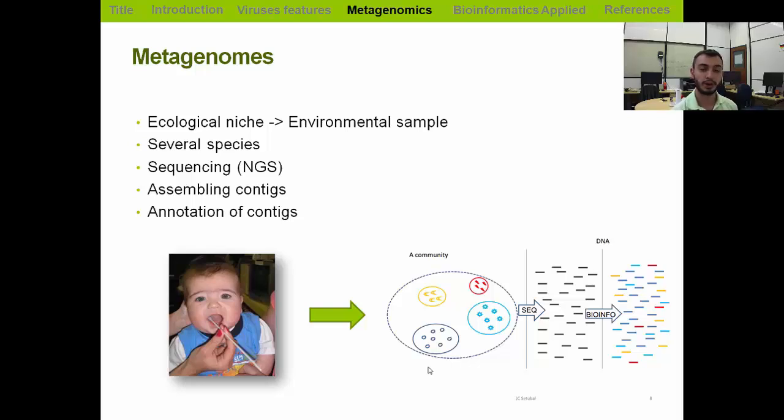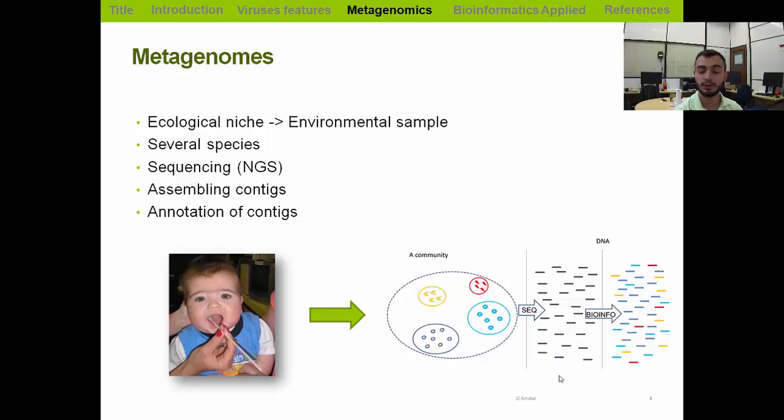And you do the same thing: you isolate its DNA, and you build a library, and then you put it in a sequencer machine, and you get a FASTQ. This FASTQ has a lot of reads that came from different genomes.